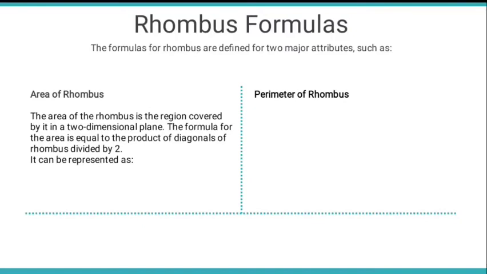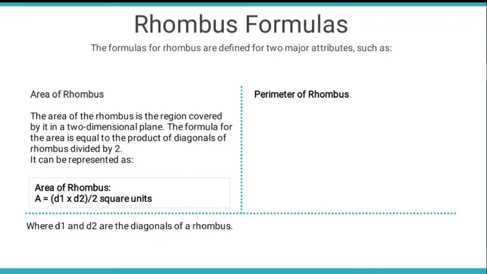The formula for the area is equal to the product of the diagonals of the rhombus divided by 2. It can be represented as area of rhombus A equals d1 times d2 divided by 2 square units, where d1 and d2 are the diagonals of a rhombus.